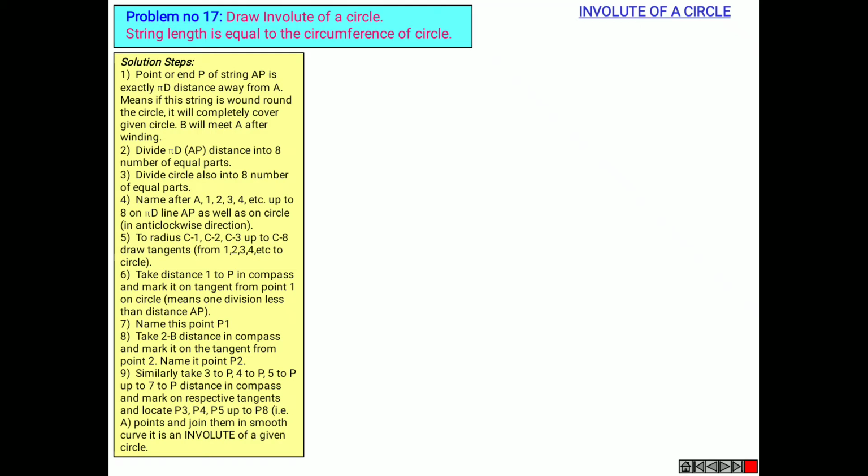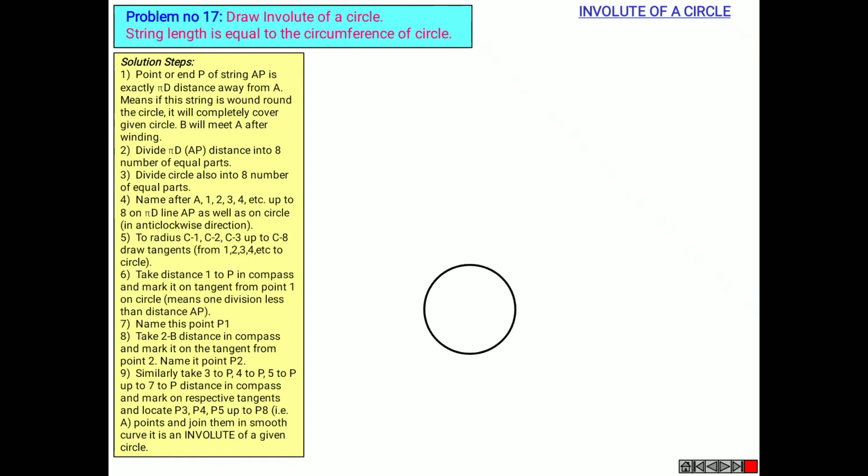Point or end P of string AP is exactly pi d distance away from A, meaning when this string is wound around the circle, it will completely cover the given circle. B will meet A after winding.